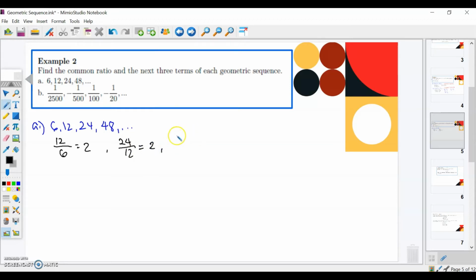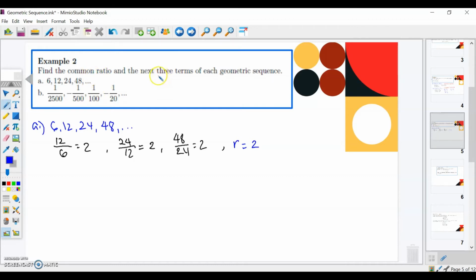And if I divide 48 by 24, this will also give me 2. Since they have a common ratio, which is equal to 2, then we can say that our common ratio is equal to 2. So we already answered the first question in the instruction.